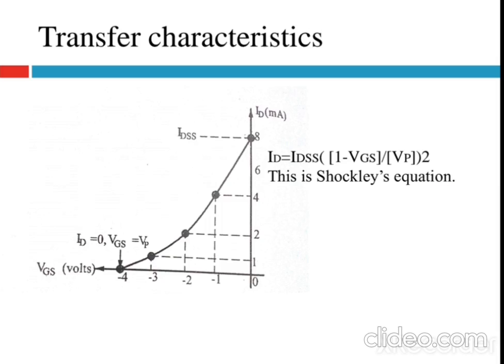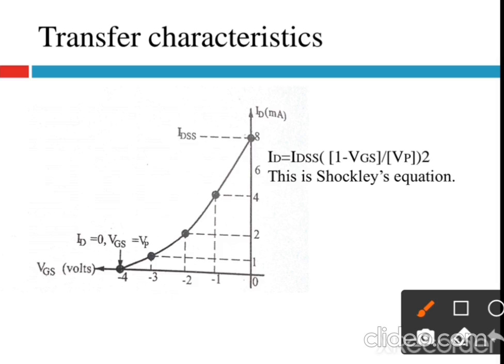Now this is the transfer characteristic. The transfer characteristic is the relationship between the drain current ID and the gate to source voltage VGS for a constant value of drain to source voltage VDS.